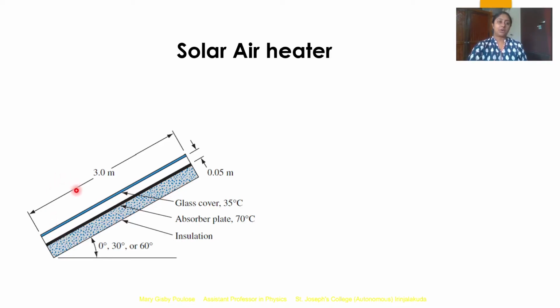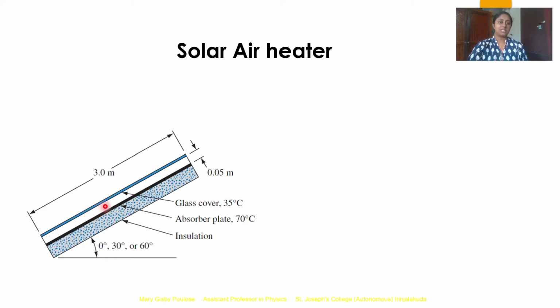Sunlight falling on this absorber plate, glass allows it to pass through and it heats up the absorber plate, and this heat will again re-emit backwards, but the glass plate will block it. It will not allow the long wavelength radiation to pass through.